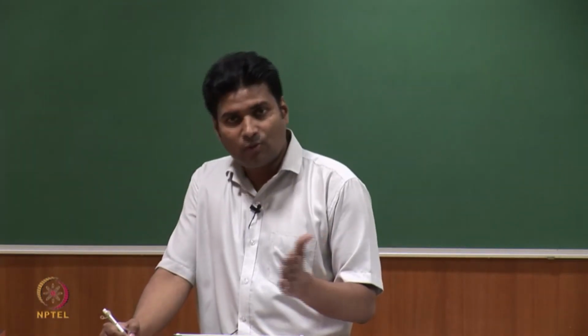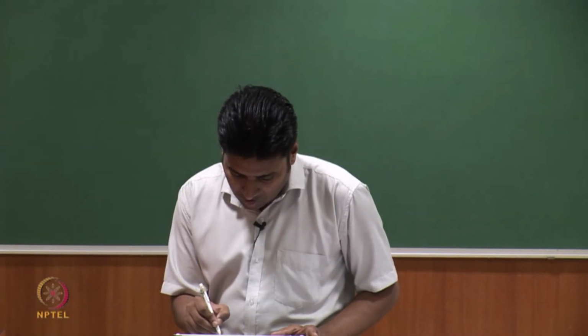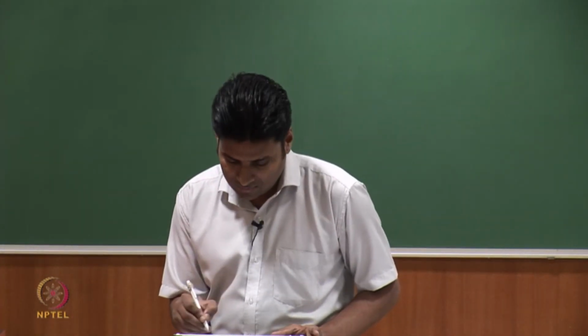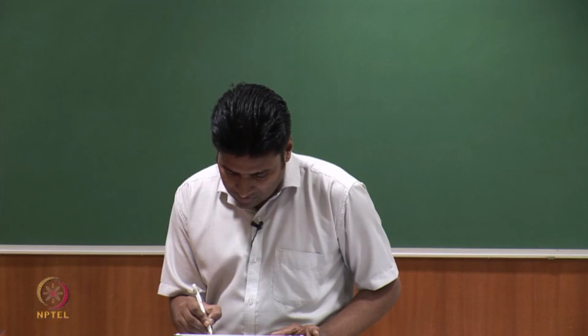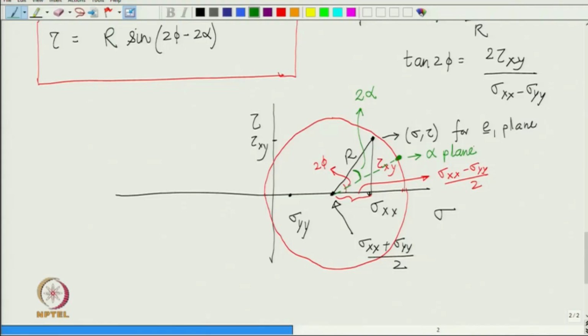We have to reduce the angle by 2 alpha, and then this point, the green dot, is the alpha plane. So, sigma and tau corresponding to the green dot is actually the sigma and tau on the alpha plane. So, do you see what we have to do?